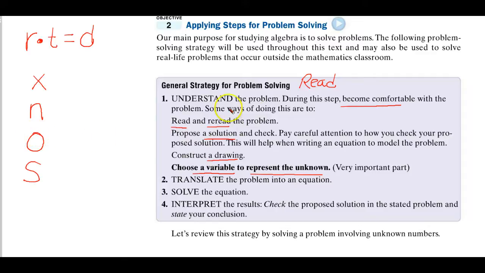Then we carefully translate the problem into an equation. Then we solve the equation, and then if we get something, like we say distance is 40, but they didn't want distance, they wanted time, we'd have to do some fiddling to get time, again using this formula.